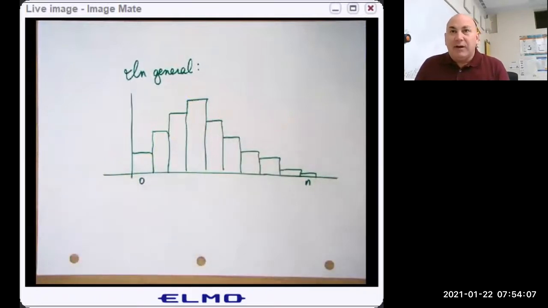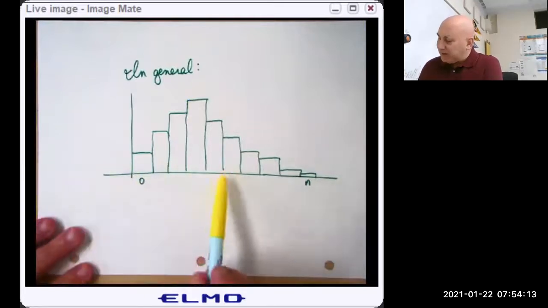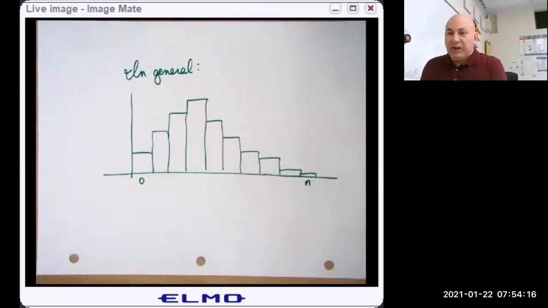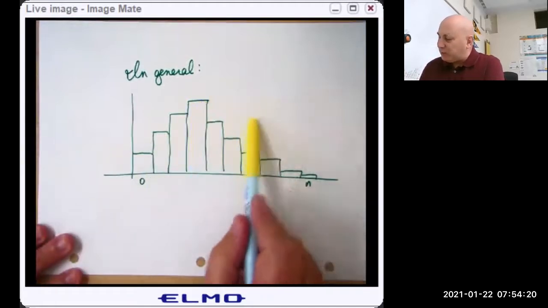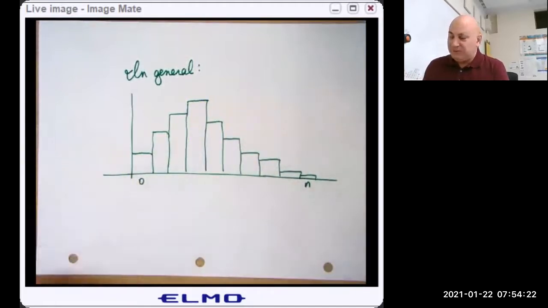If probability of success is exactly 1/2, then the curve will be symmetrical. It'll peak right in the center. If probability of success is greater than 1/2, then this peak will slide over here and it will trail off to the left.